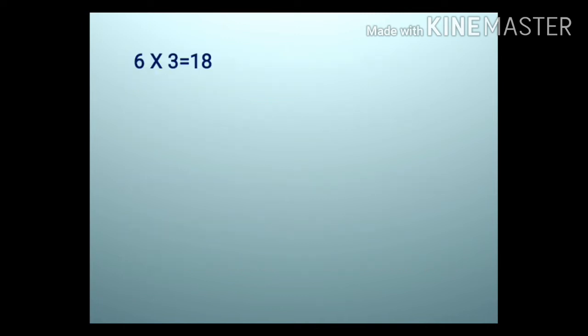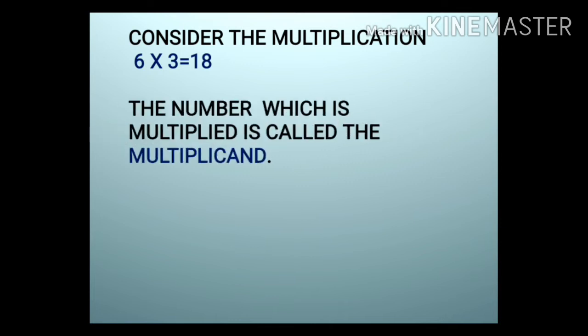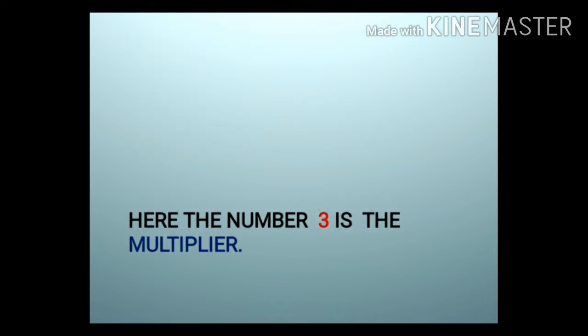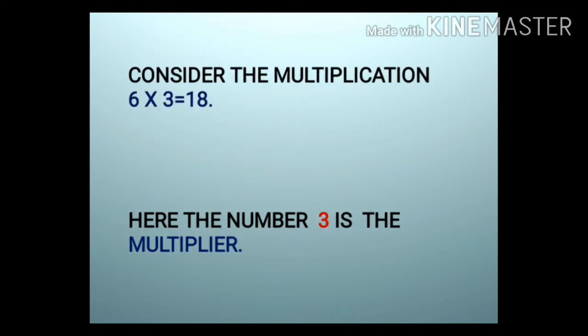Now let us consider the multiplication 6 into 3 is equal to 18. The number which is multiplied is called multiplicand. So what is the multiplicand here? Yes, the number 6 is the multiplicand. Now let us consider the same, 6 into 3.